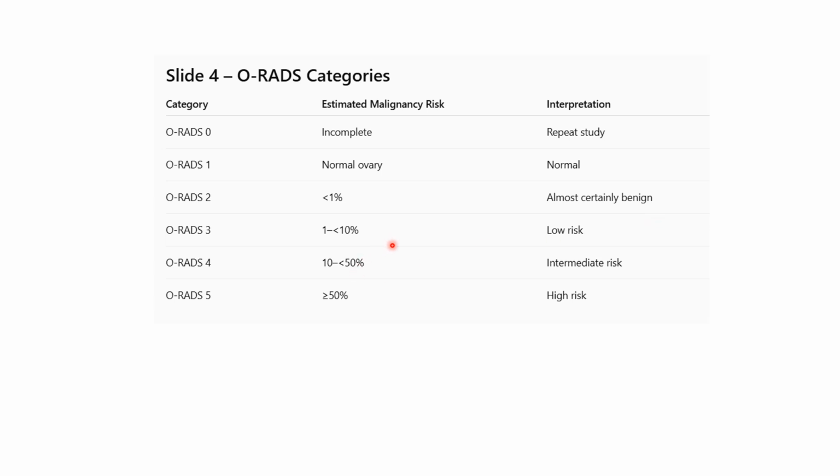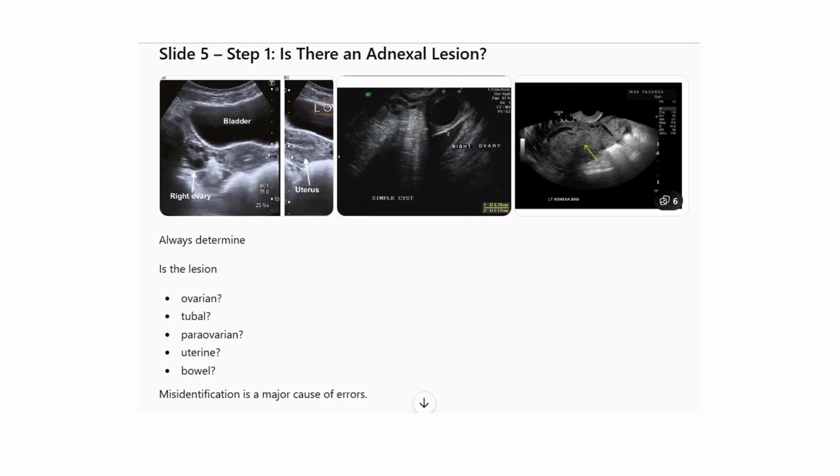O-RADS 3 is 1 to less than 10%, low risk. O-RADS 4 is 10 to less than 50%, intermediate risk. O-RADS 5 is greater than or equal to 50%, so there is a high risk of malignancy. These are the O-RADS categories.